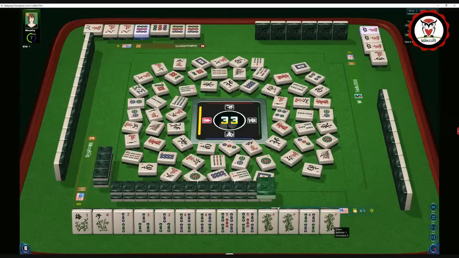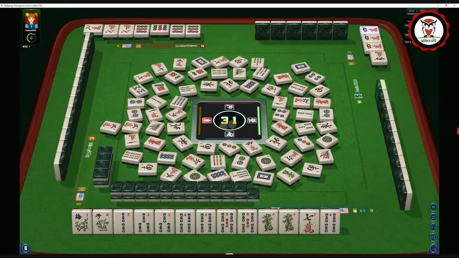Red dragon. They're going to need jokers over there. We need jokers. 9 dots. Oh, they got it. 3 characters. We're going to let that dragon go. Green dragon. Okay, 7 cracks are out, so that'll be good for later. North wind. We still have potential for this hand. We can use jokers. West wind.